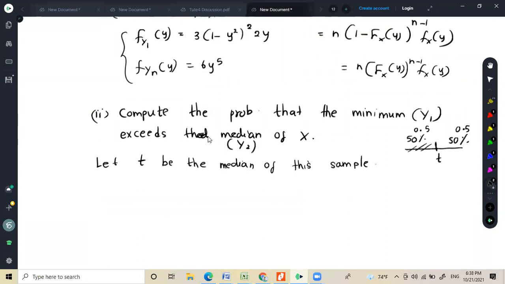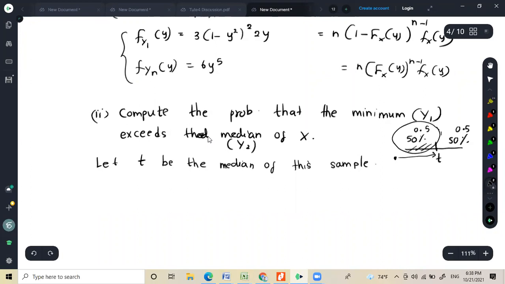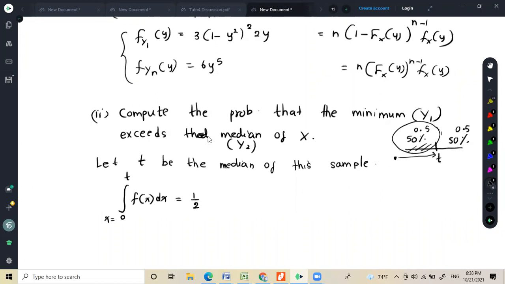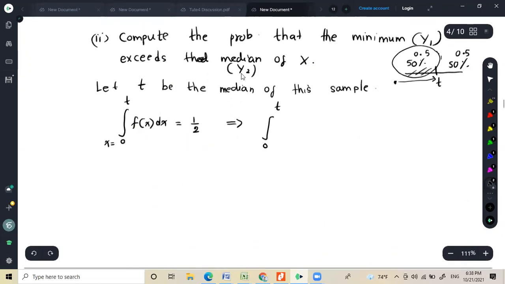Therefore, if you integrate your PDF from the lower bound up to the median, the probability should be 50%, or 0.5. We know fx, so let's find it and solve for t. That's all you have to do. So integrate from 0 to t. What is our fx? It is 2x.